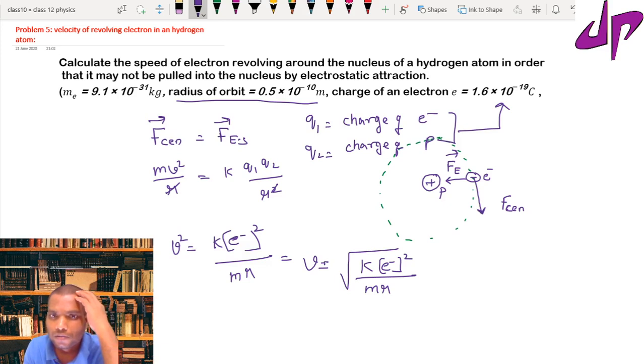Just simplify here itself, because our calculations will be easy. Under root of k by mr times e. One of the roots gets cancelled with the e.